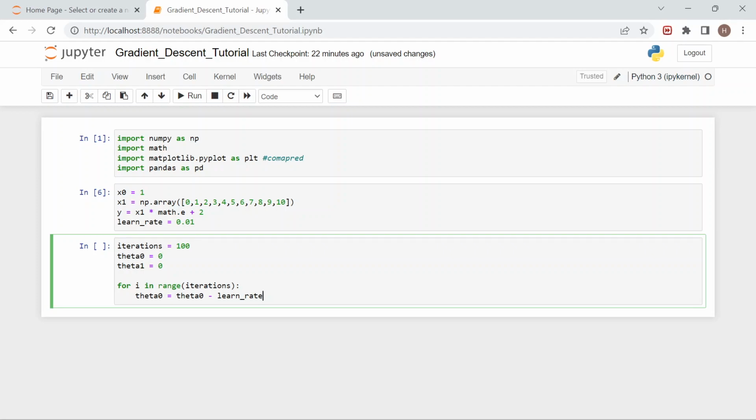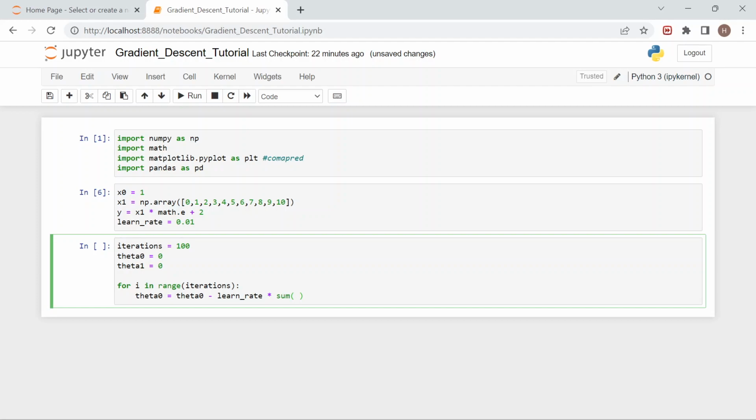So you run this, and then it will be updated in here. If you don't run this, then this won't work because we haven't updated this value. So we will have the learn rate multiplied by the sum of the sum of what?